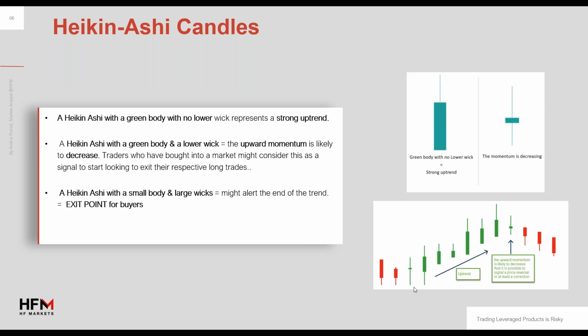So you need to be careful if you see both a lower and a higher wick, because if you have taken a bullish, long position, a candle like this one with two wicks implies that it might be time to exit your long trade. It might trigger an exit point for buyers.